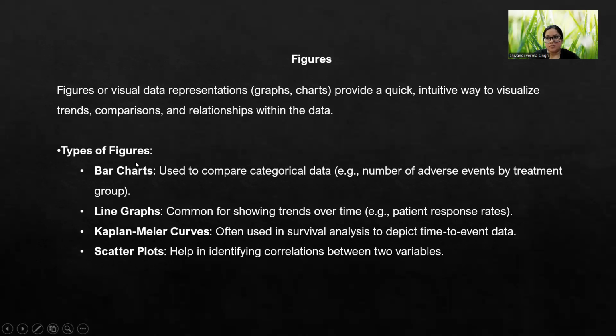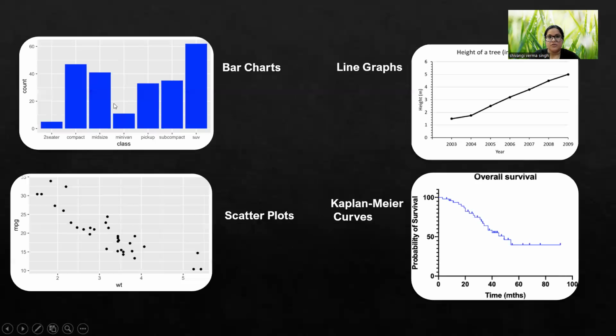There are different types of figures: bar charts to compare categorical data, for example the number of adverse events by treatment group; line graphs for showing trends over a period of time, like patient response rate; Kaplan-Meier curves, often used in survival analysis to depict time to event data; and scatter plots, which help to identify correlation between two variables. So this is how a bar chart, line graph, Kaplan-Meier curve, and a scatter plot look.